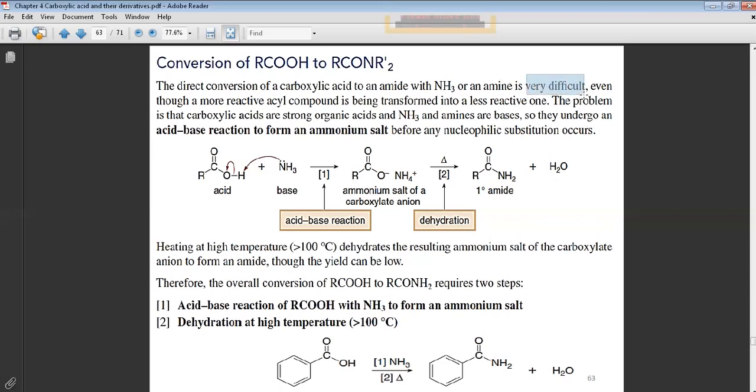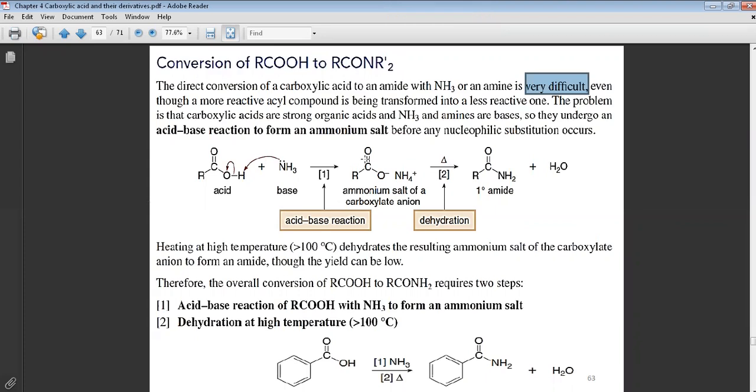Why very difficult? If in your exam I say the carboxylic acid cannot be converted to the amide directly by reaction with NH3, you say to me it is because the acid-base reaction will happen, not the nucleophilic substitution reaction. We will have an acid-base reaction to give you the ammonium salt of the carboxylic acid.